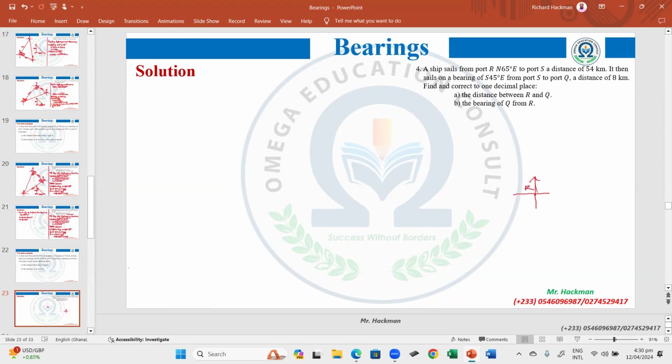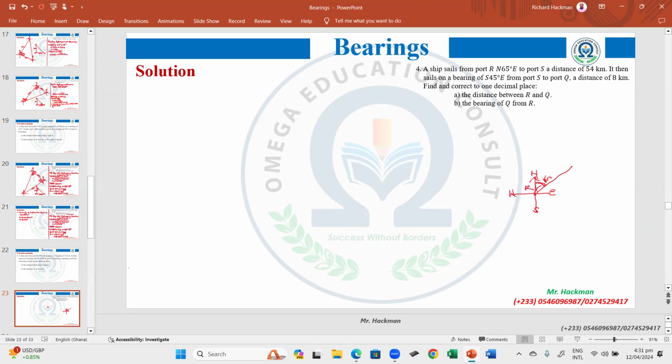North 65 east. So north 65 east means you move 65 in this direction. So the angle there is 65. And remember, when you are dealing with a Cartesian plane, all the cardinal points must be indicated. Very useful. So you have your 65 here, which you know is more than the 45 line.